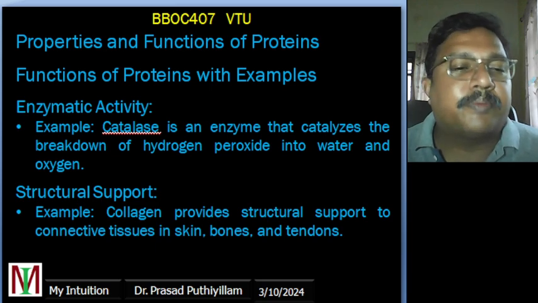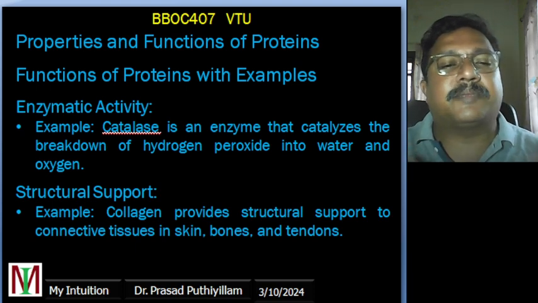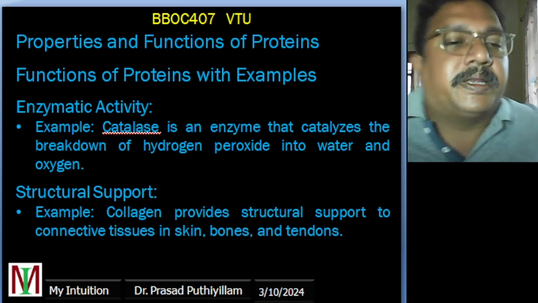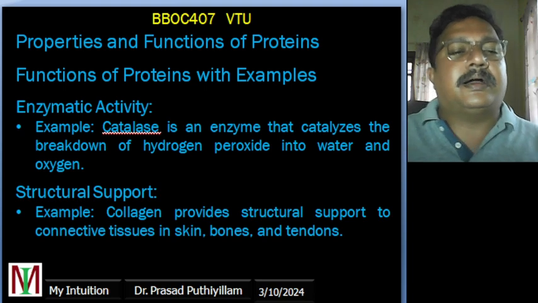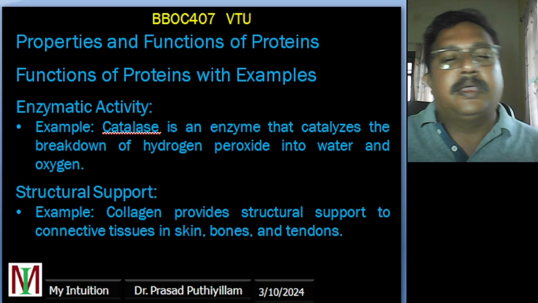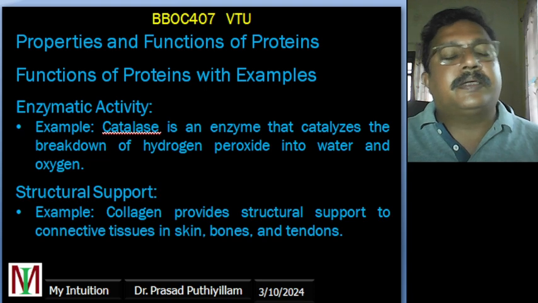Then structural support. Proteins provide structural support to our body, like the framework of a building. So these structural proteins are very essential for maintaining our shape and keeping everything in place. An example is collagen.